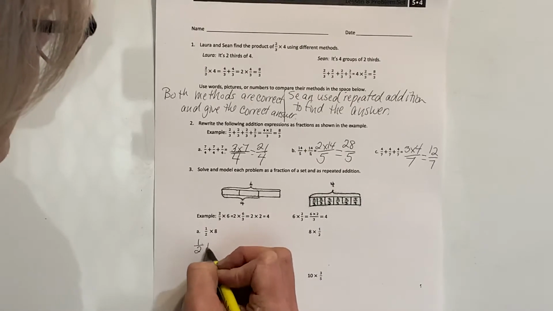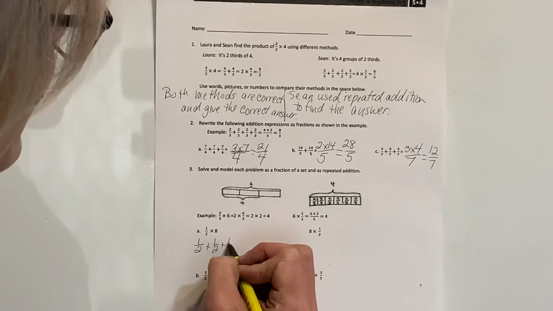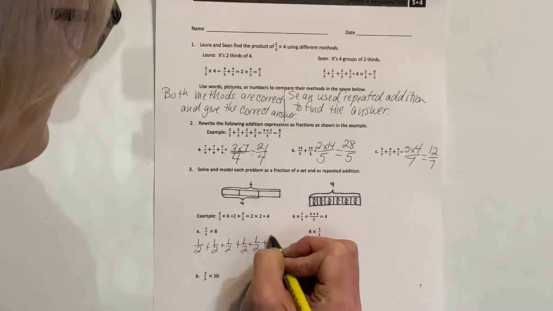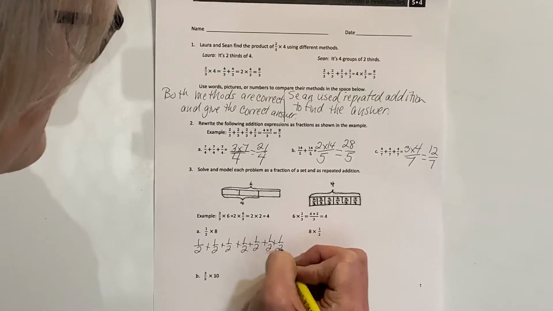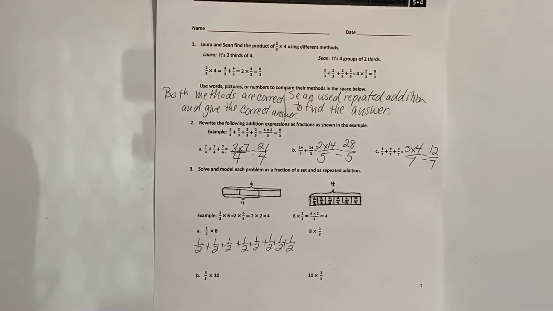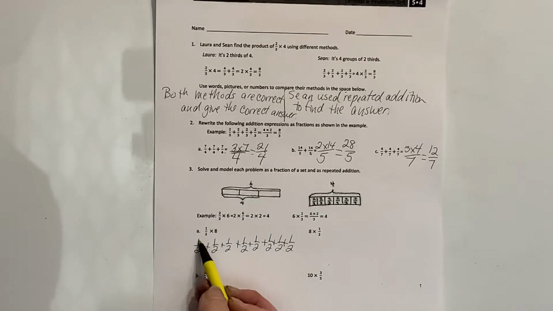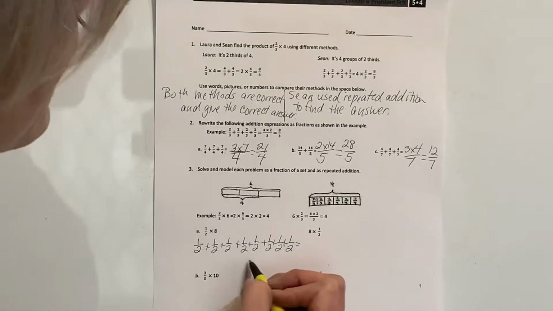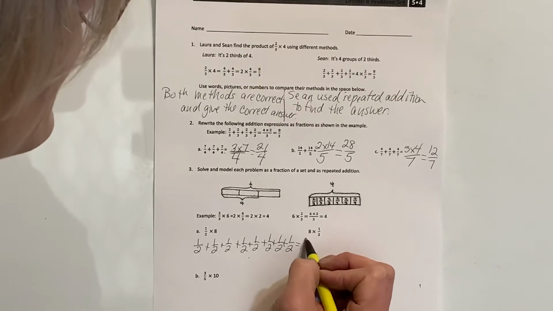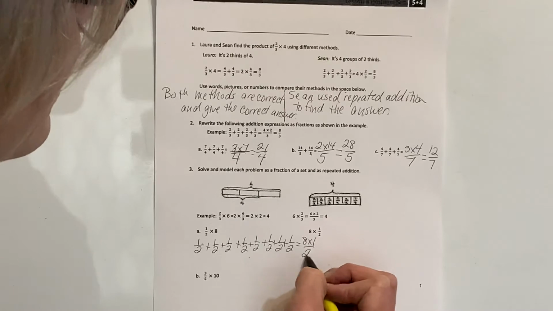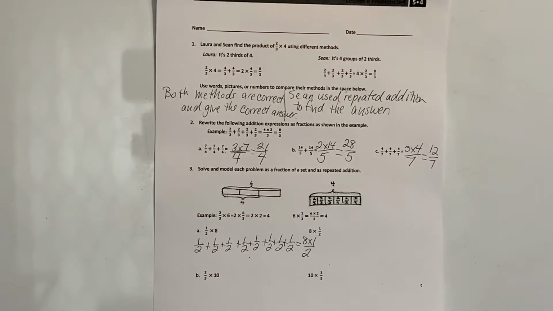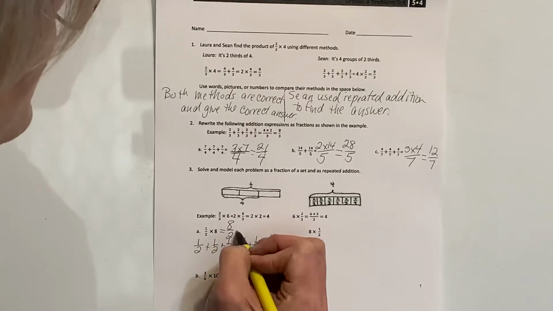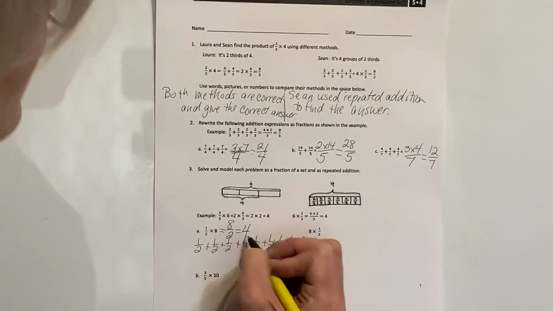So we've got 1, 2, 3, 4, 5, 6, 7, 8. That would be the same as 8 times 1 over 2. So that would be the same as 8 halves, which would equal 4.